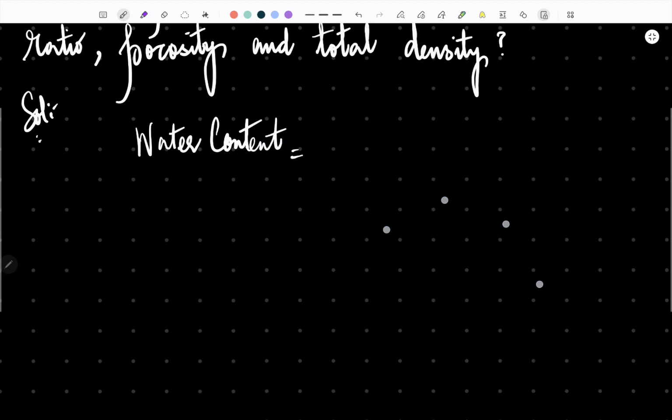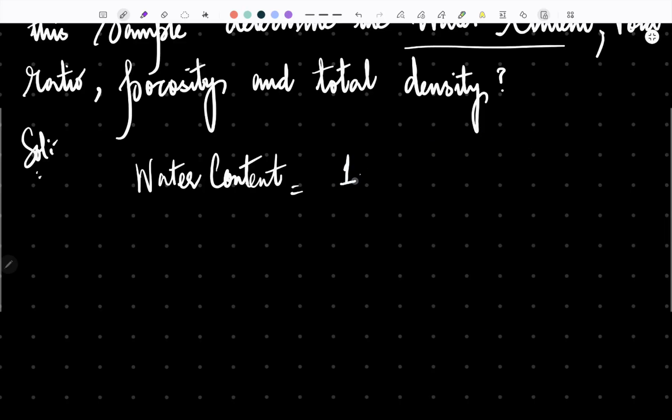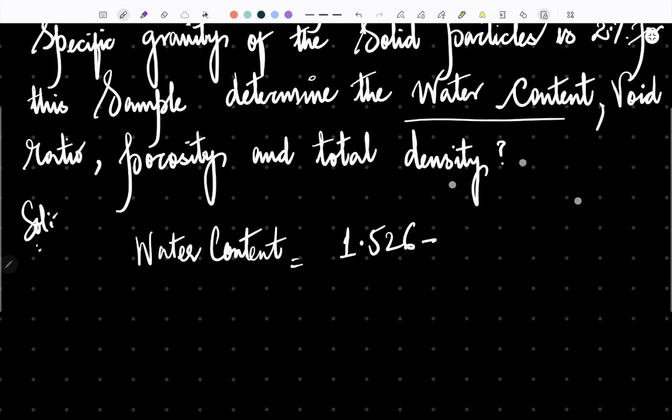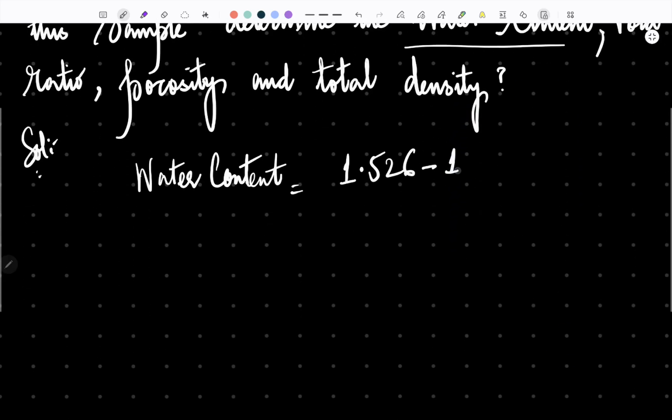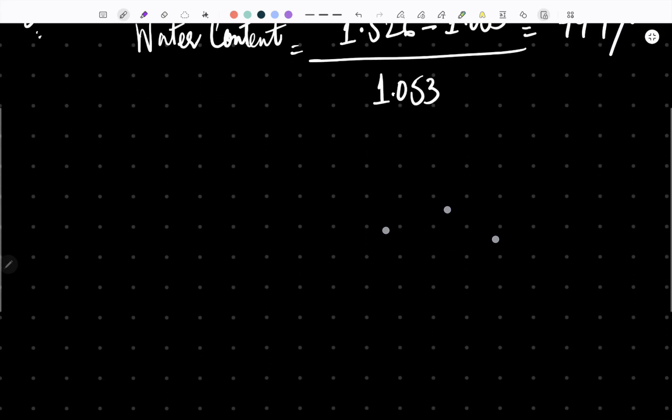total mass before drying, 1.526, minus dry mass, 1.053, divided by 1.053. By calculations, water content is equal to 44.9%. All right.